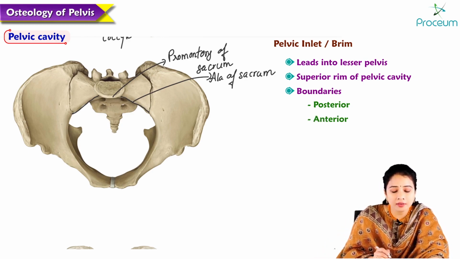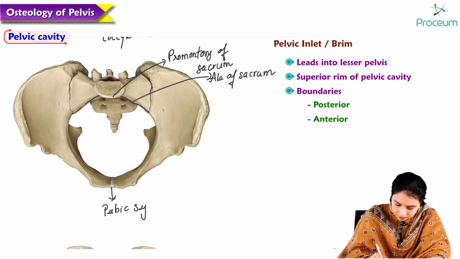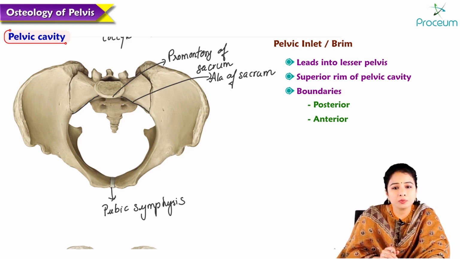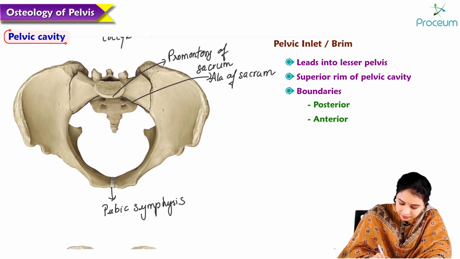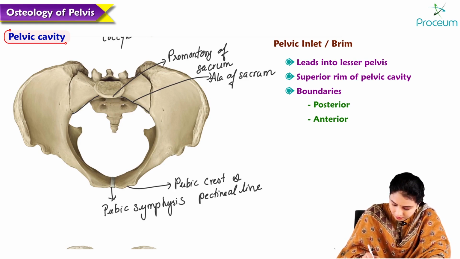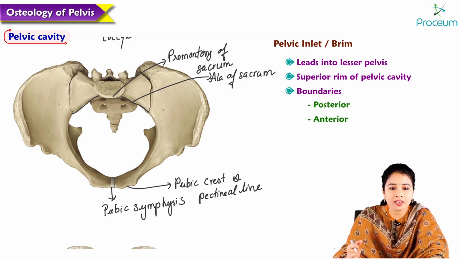So anteriorly, from the middle it is formed by the pubic symphysis. On each side of the pubic symphysis, there is the pubic crest and pectineal line. And laterally, it continues with a line we can see forming a margin of the pelvic brim, that is the arcuate line.